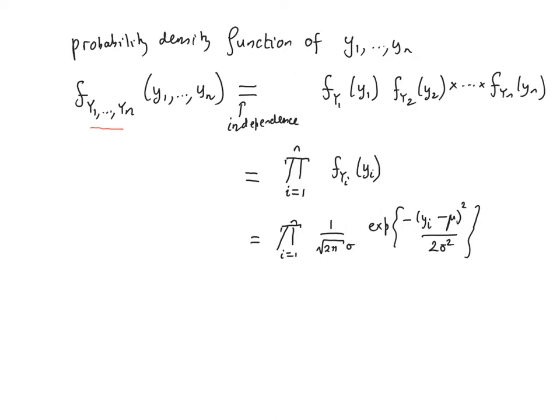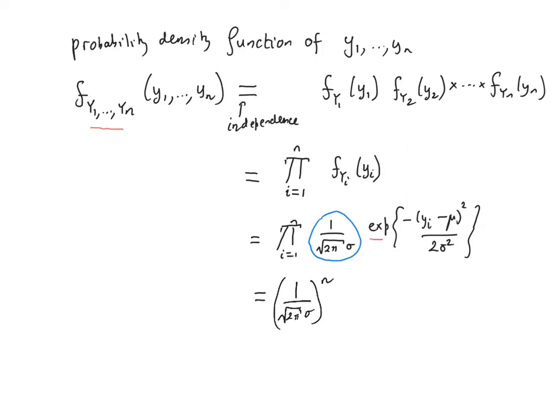And then we can use the rules of multiplication to write this in a simpler way. In the first term here, this one that I'm now circling, that's a constant as far as i is concerned. It doesn't depend on i. So if we multiply a constant by itself n times, we just get the constant raised to the power n. So that's 1 over root 2 pi sigma raised to the power n. And then we have an exp here.